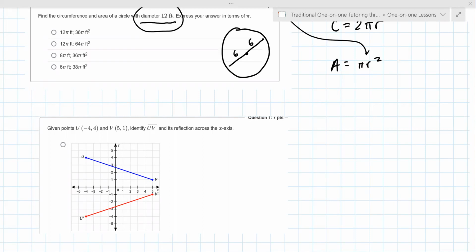Because it's a reflection and they're both facing the same points. For the red line, it's 5 comma -1, and for the blue line it's 5 comma +1, but it's still reflecting.